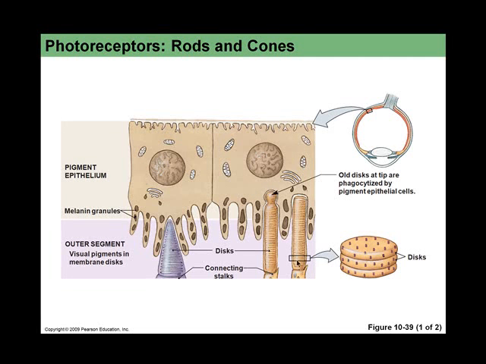So if we then zoom in on the discs, we see that they are lipid bilayer membrane-bound structures in a disc formation. If you remember your plant anatomy, kind of like the thylakoid discs in the plastids, the chloroplasts.